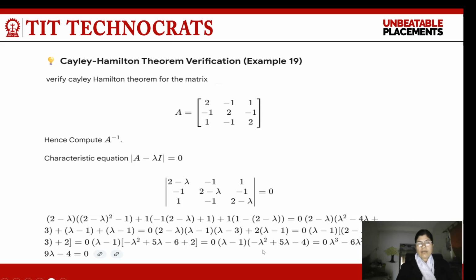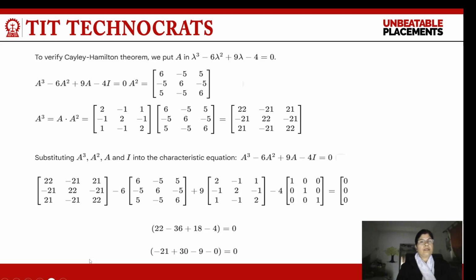Lambda minus 1 into minus lambda square plus 5 lambda minus 4 is equal to 0. We get lambda cube minus 6 lambda square plus 9 lambda minus 4 is equal to 0.